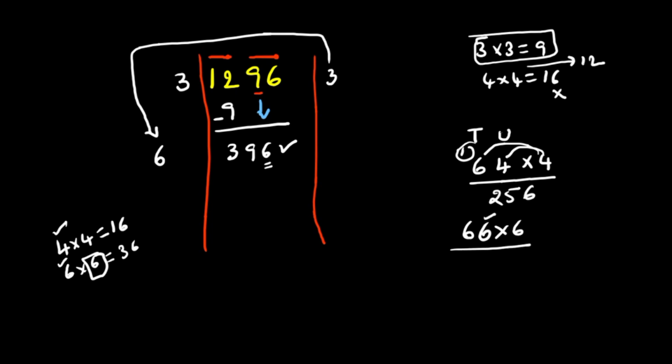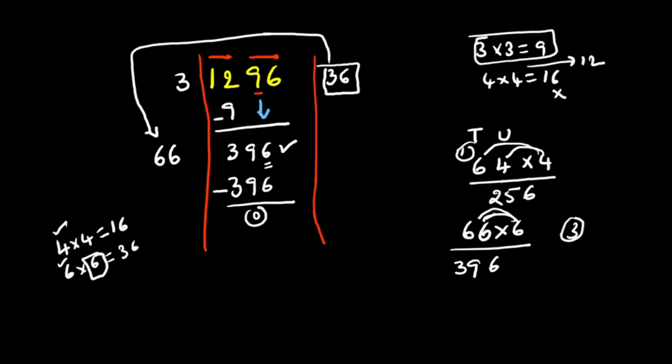Now 6 6s are 36, again 6 6s are 36 plus 3 is 39, so 396. Yes, 396 is satisfied here. Now if you subtract this, you will get the remainder 0. The number I have taken is 6 here and 6 here, so 36 is the square root of 1296.